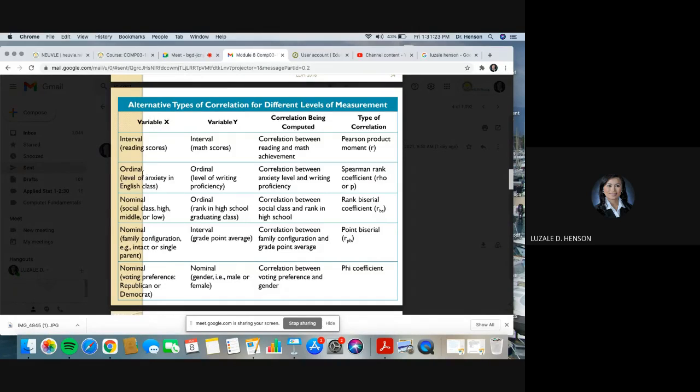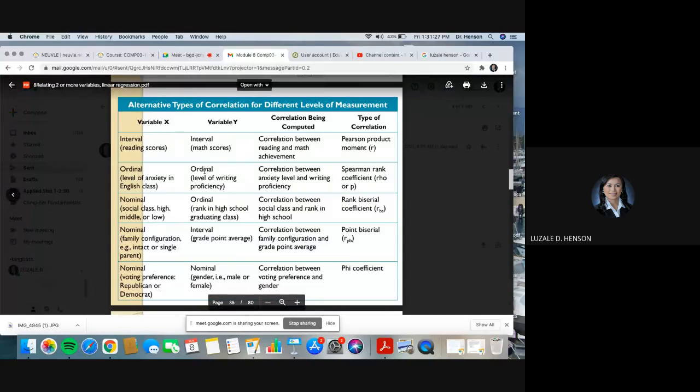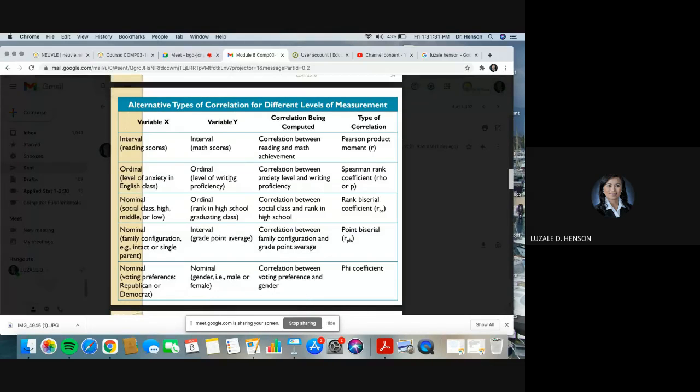Now for the second, if you have ordinal level for both the x variable and the y variable, meaning you're labeling such that you can see very good, good, average. That's how you describe the observation of your variable, that's the data.